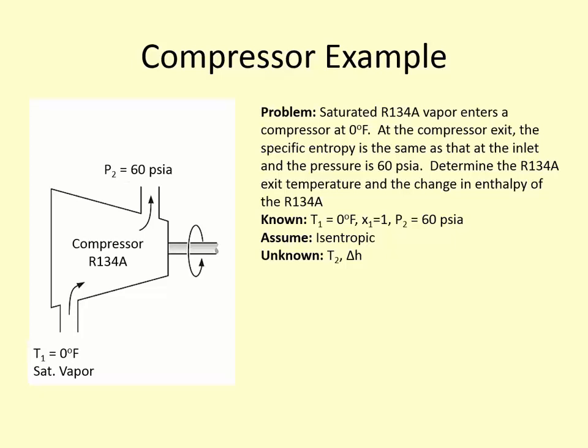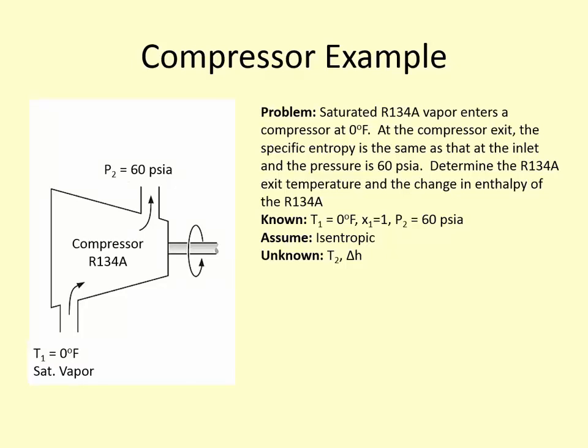So we know the inlet temperature and the inlet quality, saturated vapor, and we know the exit pressure. If we go to our property tables for R134A, what table do we need to use? So 0 Fahrenheit, x equals 1. What table? Okay, so table A11E.